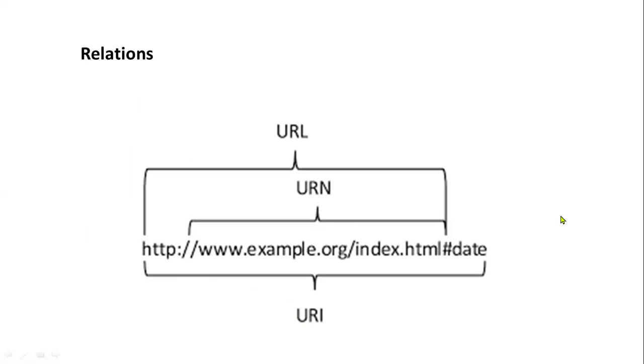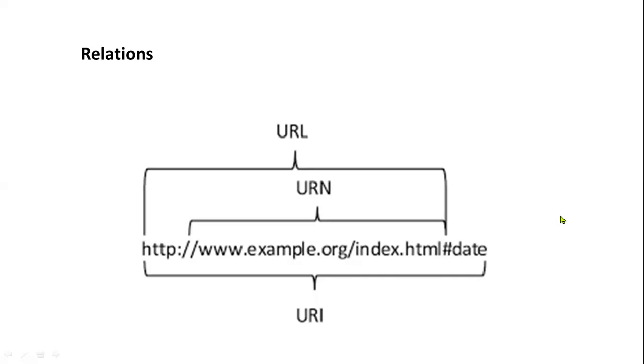URI, URL, and URN are related concepts, but they have different meanings. URI, as we know, is the standard form, and it is a string of characters used to identify a name or a resource on the internet. URIs are divided into two categories: URLs and URNs. Right?